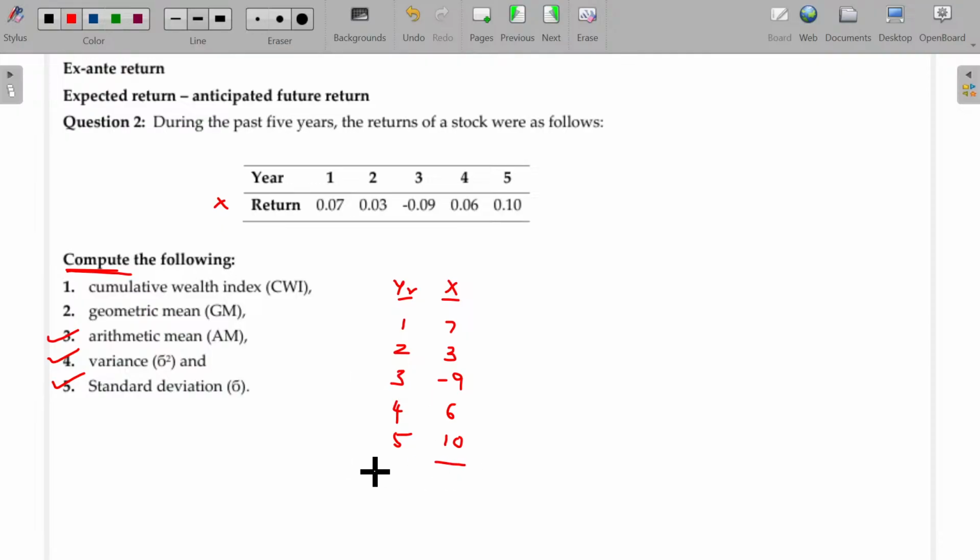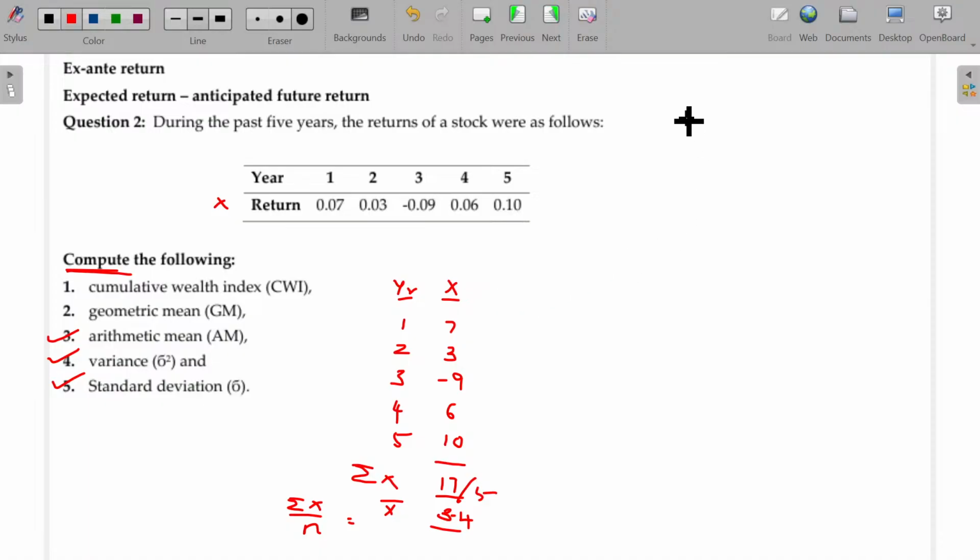So the summation of X being 17, and what about the return average, mean? Divide this by N: summation of X by N is called mean. So 17 by 5, 3.4%. So you are getting an average of 3.4% return in your business since very long ago.